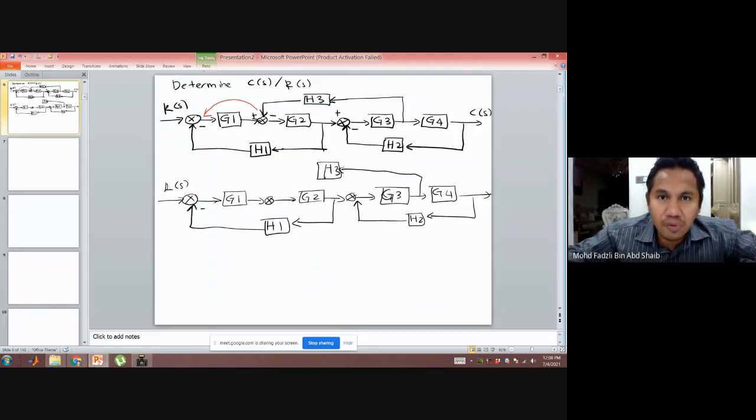Now when we move at the back, S3 times 1 over G1.